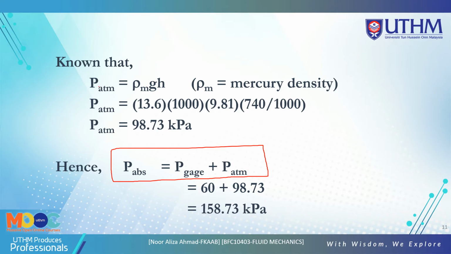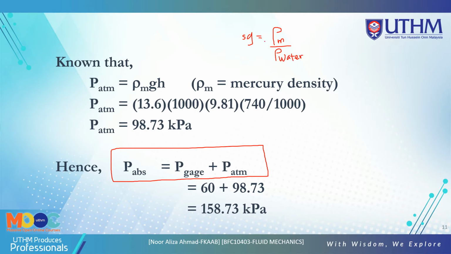We know that the P atmosphere is the density of mercury times g times h. We find the density of mercury based on SG. From topic 1, you must know that the SG is the density of the fluid, here the density of mercury, divided by the density of water.